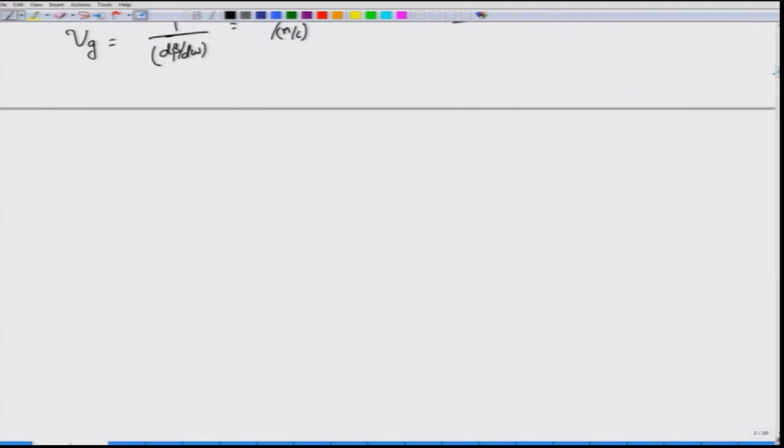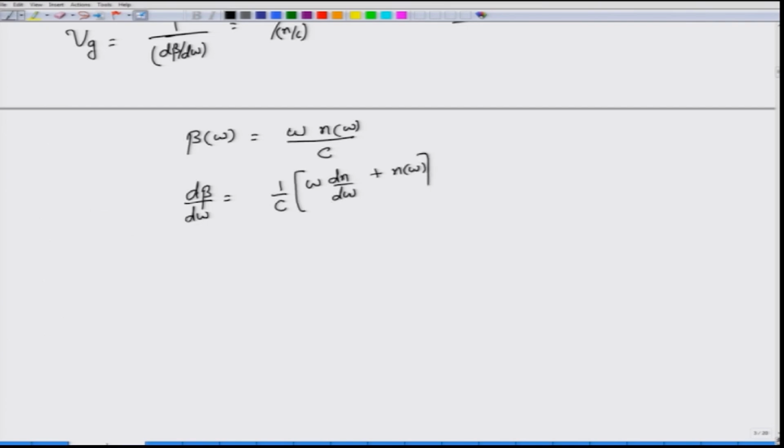However, in the material dispersion case, beta is a function of frequency, right. It is given by omega into n of omega by c. This n of omega depends on the material constants and is not independent of frequency. So, if you now try to take this d beta by d omega, what you get here is 1 by c, since c is a constant, I can pull this out, you get omega dn by d omega plus n of omega, right.